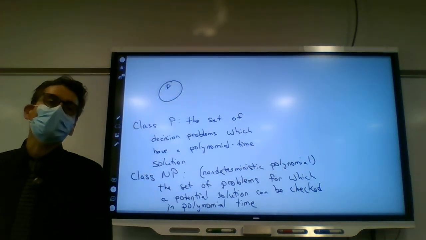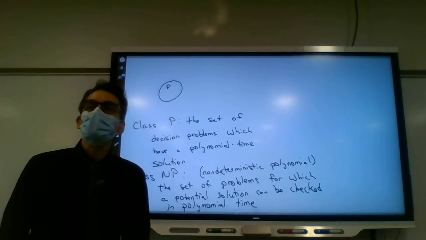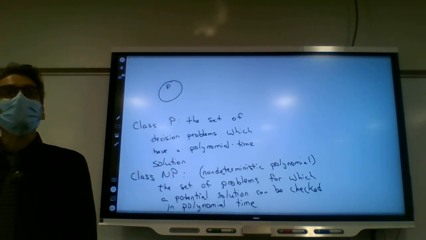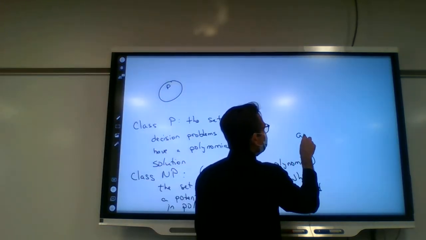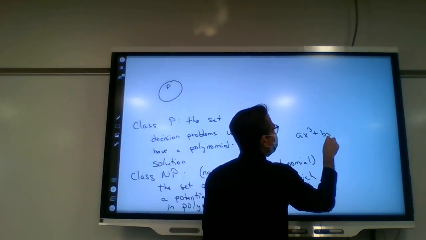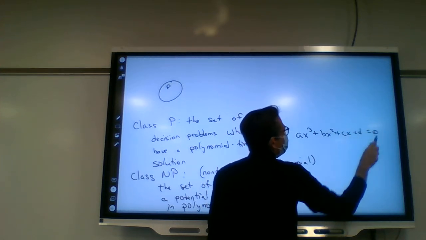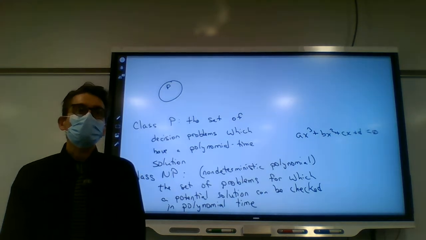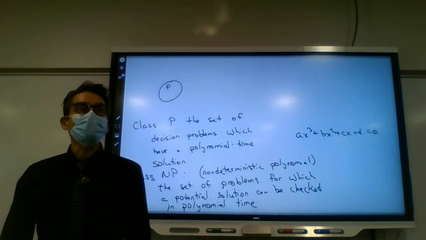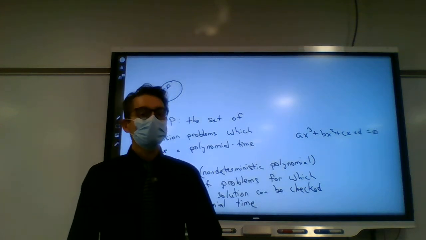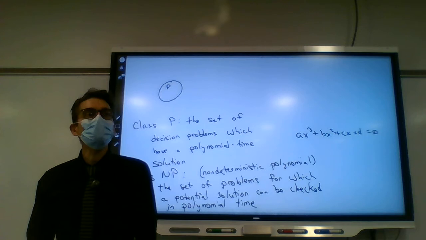Now we know the quadratic formula, so we can solve all the quadratic equations. What if instead of a quadratic, we had a cubic equation, like that? Well, again, we could check an answer quickly. If somebody gave us an answer, we could check to see if we got 0. But could we solve that quickly?